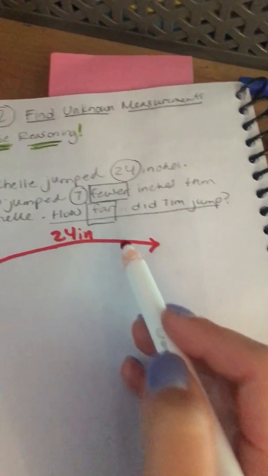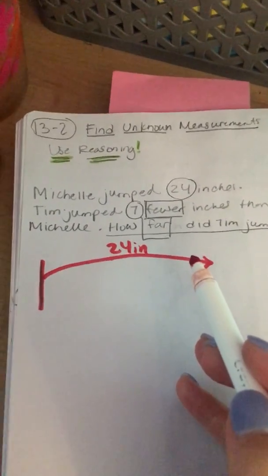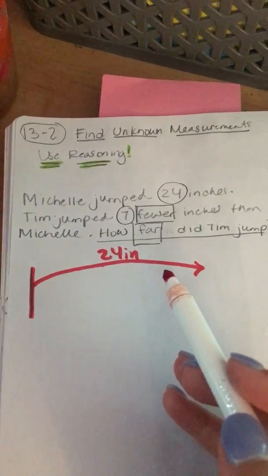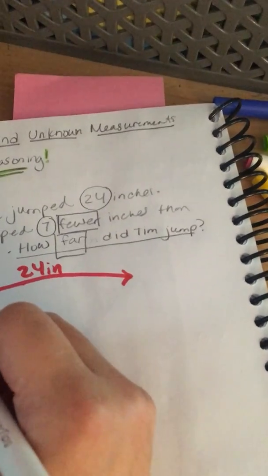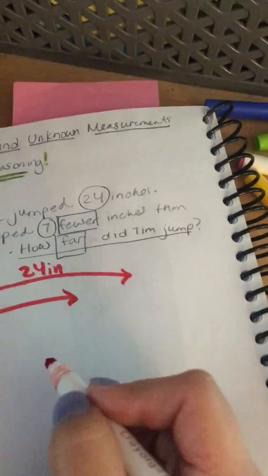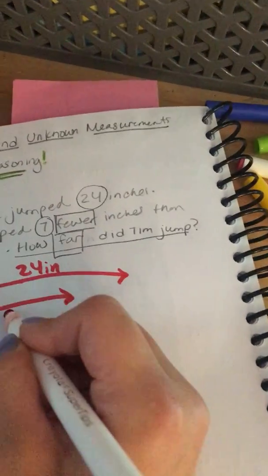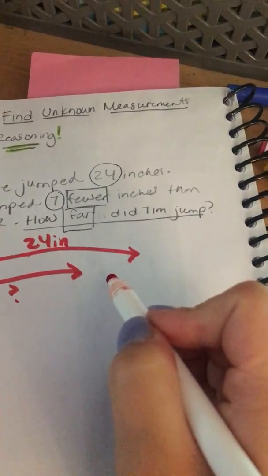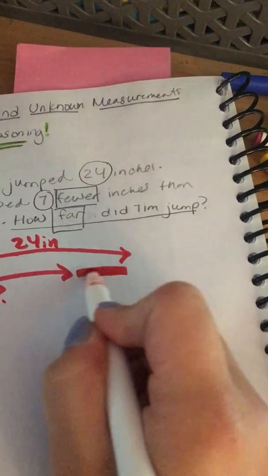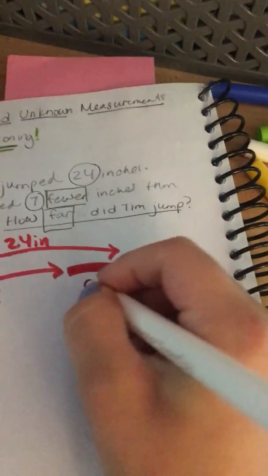So that means that Tim jumped less. So I'm using my comprehension skills and I'm using my reasoning skills to say, okay, Tim jumped less. So that means that his little jumpy line needs to be less. Okay? And I'm going to put question mark for him because I'm not really sure how much he jumped. But I know that it's 7 fewer.